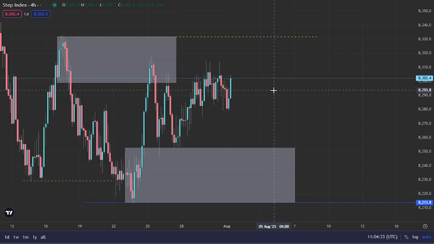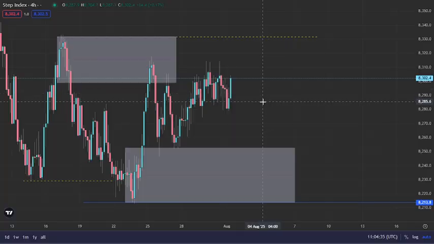Fractal structures are the tiny little pullbacks in the market, in which it gets broken.